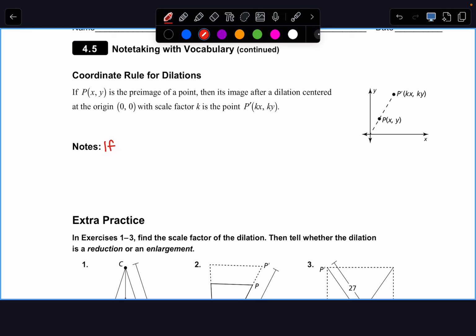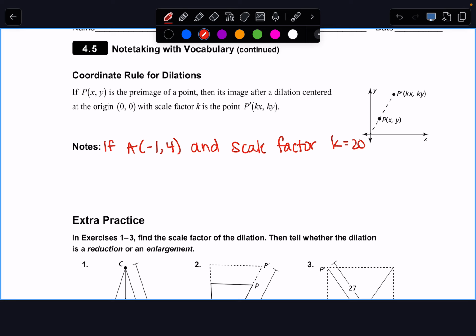Okay, so much better. Now let's pretend I have a coordinate A at (-1, 4), and let's pretend our scale factor is 20. What's happening is this coordinate is getting further away from the origin by a factor of 20.